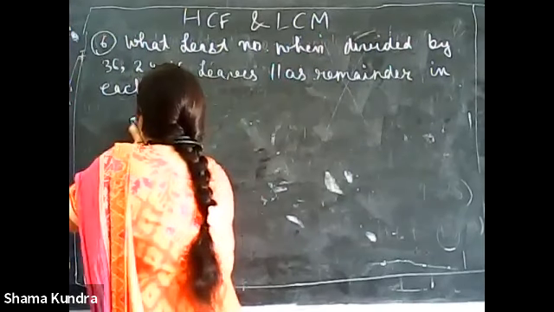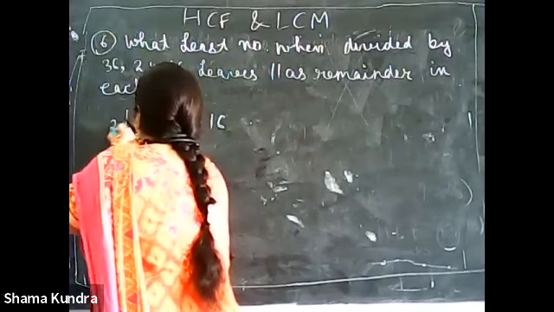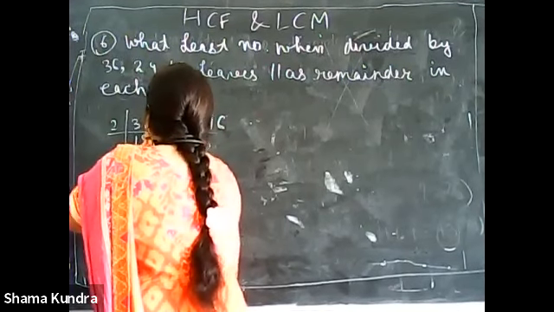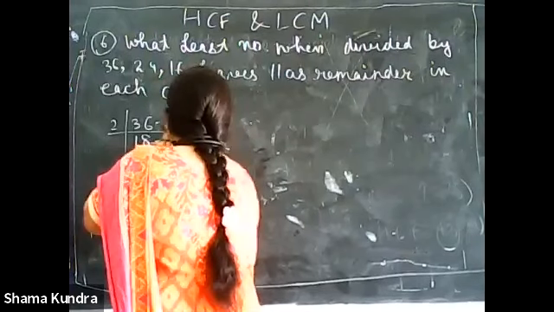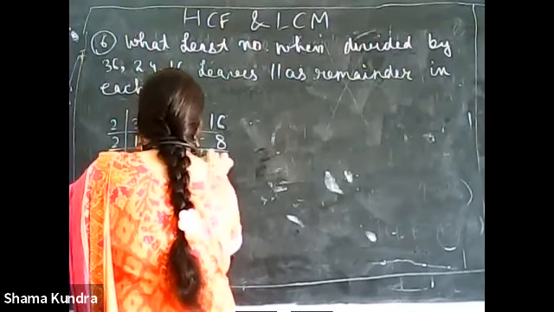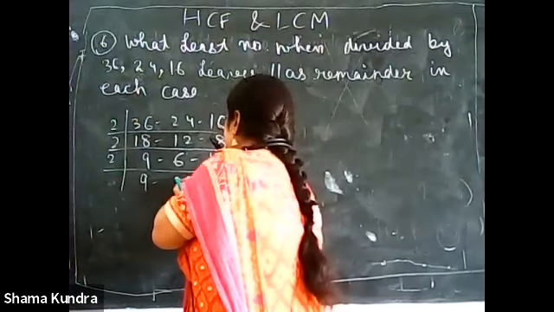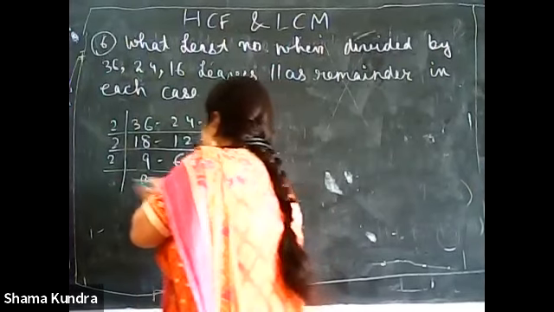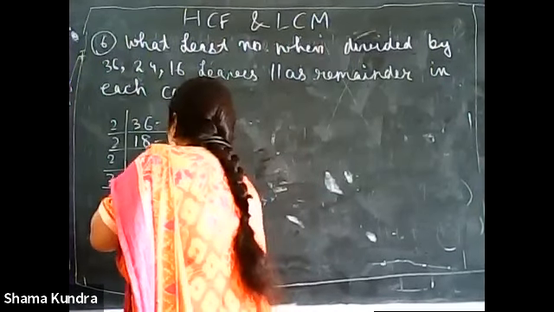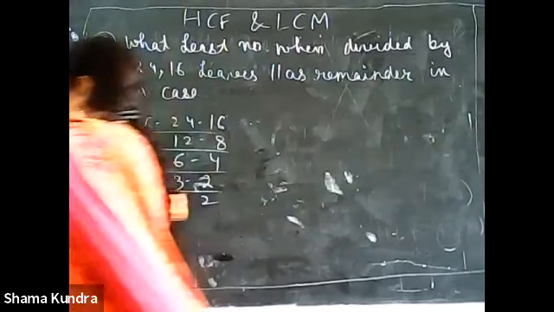So, on finding the LCM of 36, 24, 16: divide by 2, then by 2 again, then by 3, and stop moving further.